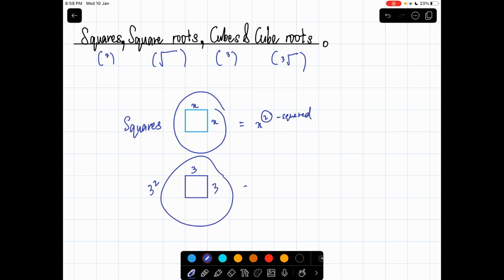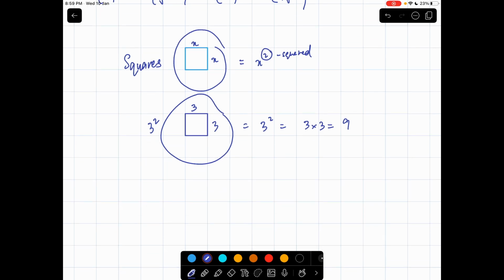You will get 3 squared, which is 3 times 3, which is 9. So with that connection, we can straight away write down anything. For example, x squared means x times x. That's it. This 2 refers to 2 x's, first x and second x, multiplying together. That's it.